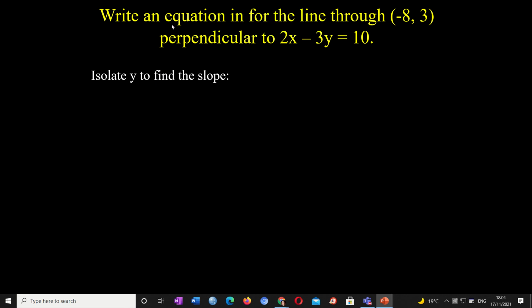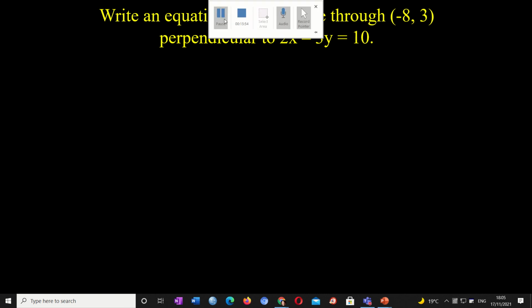Okay, so here, write an equation for the line through this point, -a3, perpendicular to this one. Math is solving equations. So this question, please. 2x minus 3y equals, solve it.